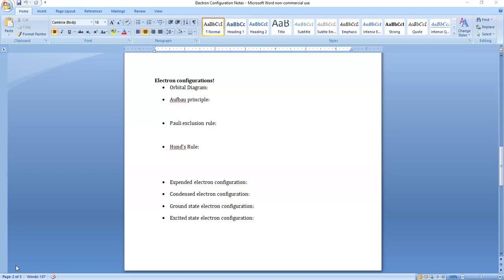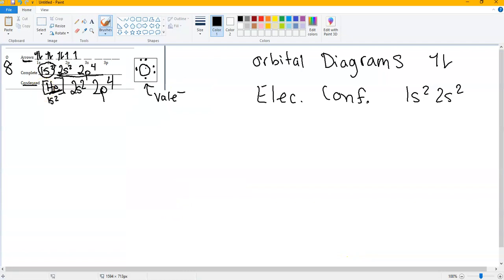And then Hund's rule is for things like the p block. When you have multiple orbitals, we fill all of the orbitals first, and then we double up. So if I look back here, remember when we filled up 3 electrons all spread out first, and then we doubled up when we had to.